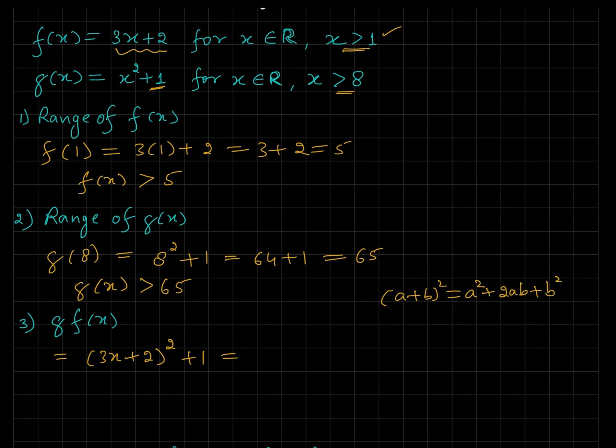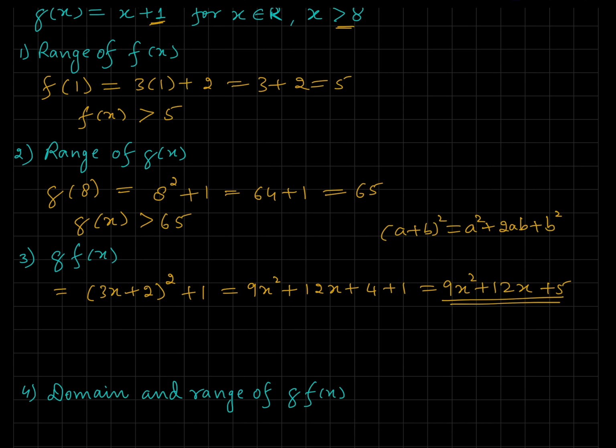Okay, so this is 3 3s 9x squared plus 3 2s 6, 6 2s 12x, and 2 2s 4 and plus 1, and on simplifying that gives me 9x squared plus 12x plus 5. Okay, so this is my g of f(x). Simple. Clear?